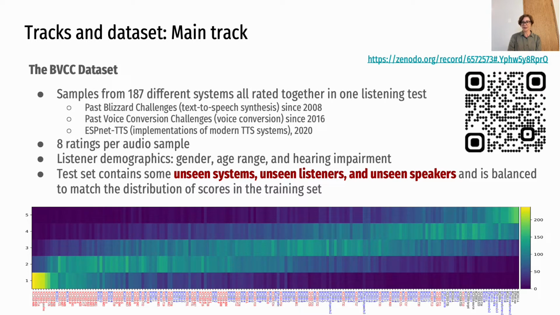We collected 8 ratings per sample, and we also asked listeners for some basic demographic information, such as gender, age range, and whether they have any hearing impairment. When creating training, development, and testing splits of the data, we made sure to hold out some unseen systems, listeners, and speakers in the test set.